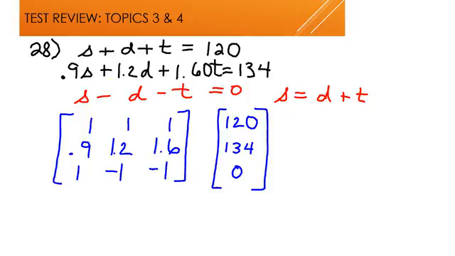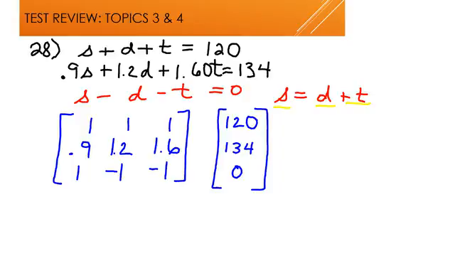Now the last thing it says is that the number of single cones equals the double plus the triple.